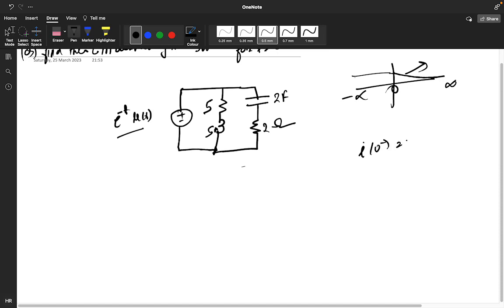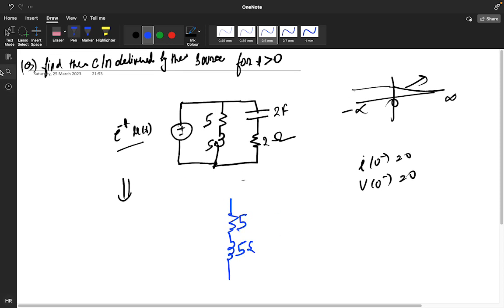I of 0 minus is equal to 0, V of 0 minus is equal to 0. So we can directly write this 5 as 5s. I'm not writing the initial condition, minus I of 0, because I of 0 is 0.